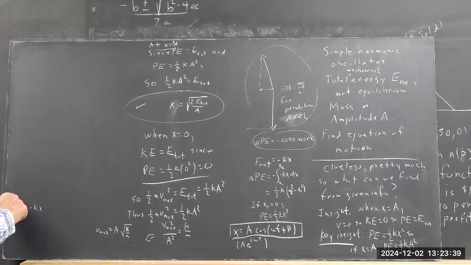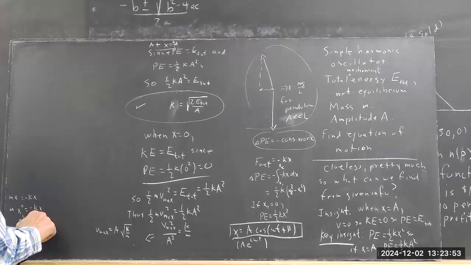Mass times acceleration is negative kx. Acceleration's x double prime. So x double prime equals negative k over m times x.